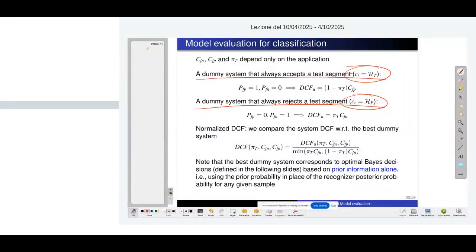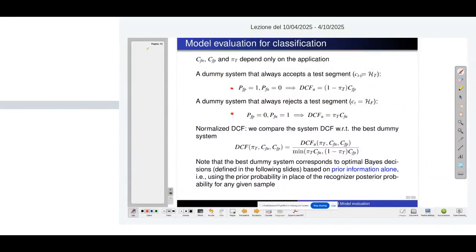So we consider a system that is dummy. It doesn't make any reasoning on the features. We have two options, actually. One system always says true and the other system always says false. Let's consider the cost of each of these two systems.